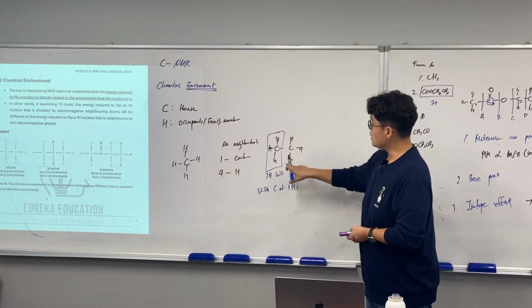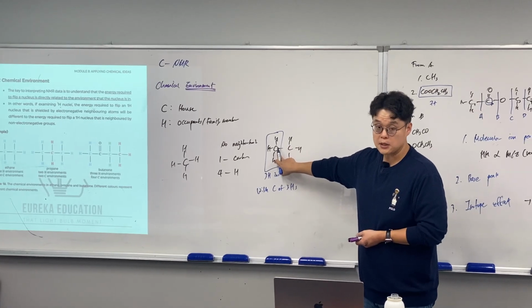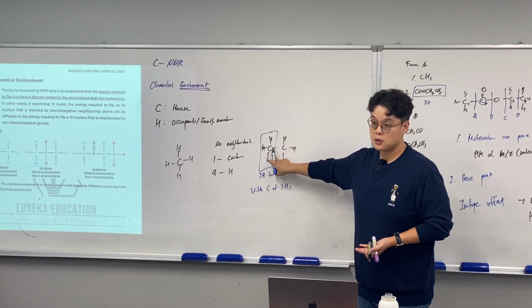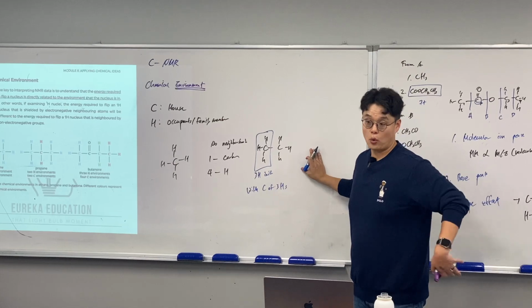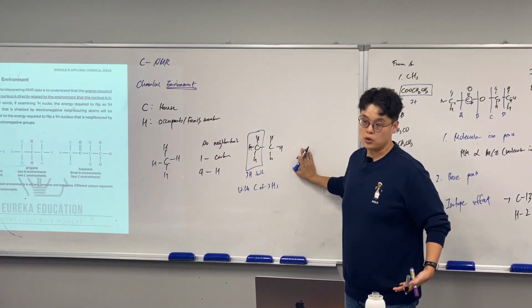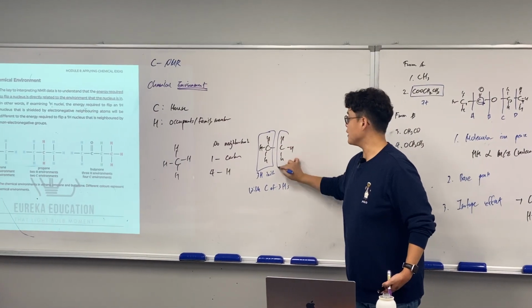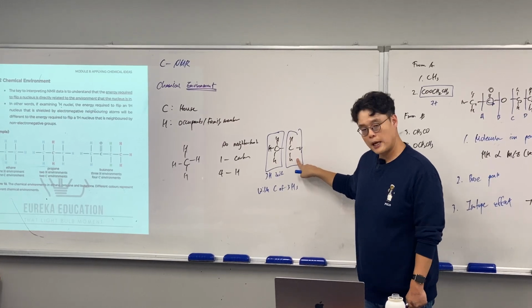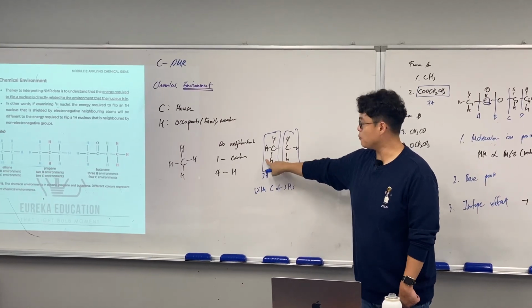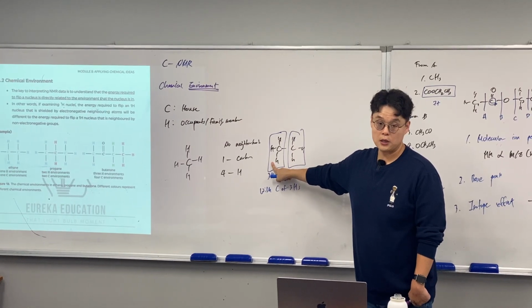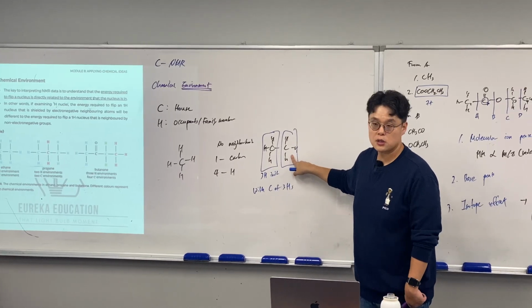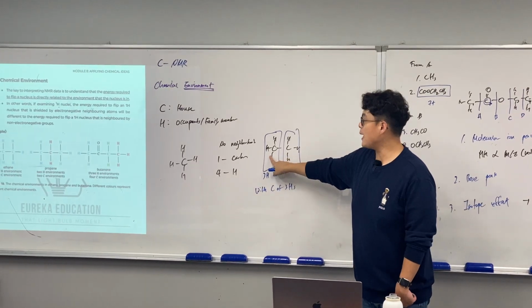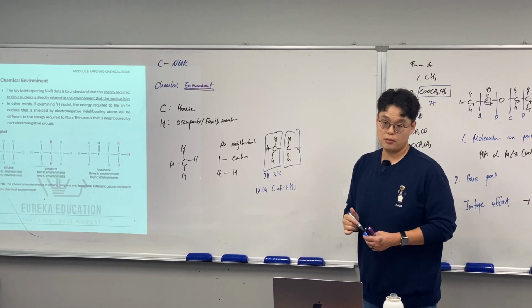So I described that as, hey, the environment of this carbon is like this. It's living with 3 hydrogens, and it has a carbon next door with 3 hydrogens living there too. If we compare that with this one over here, it has the exact same environment as the previous one. It has 3 hydrogens living inside, and there's a carbon with 3 hydrogens next door.